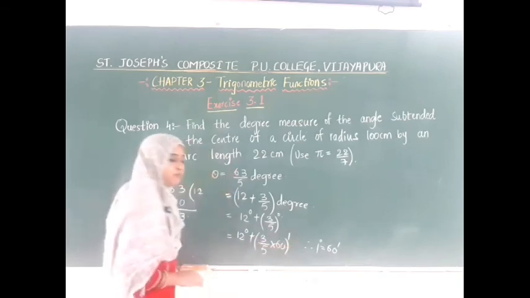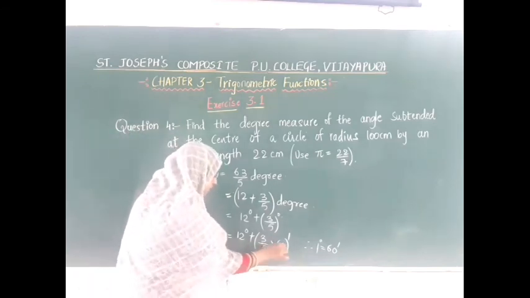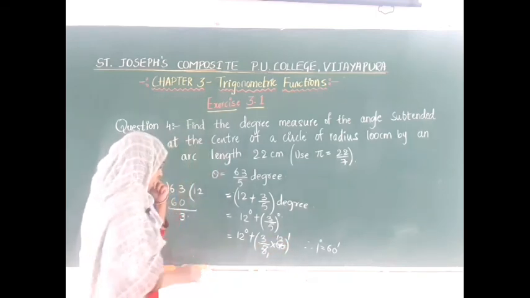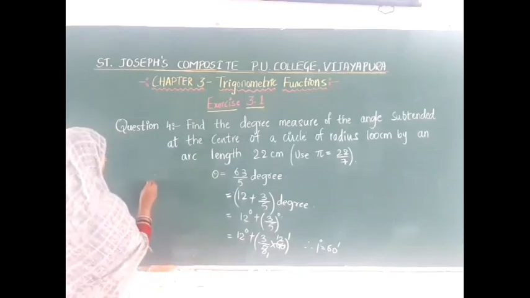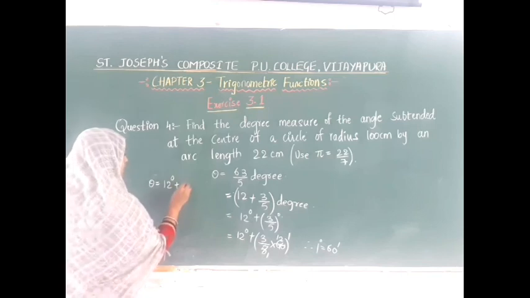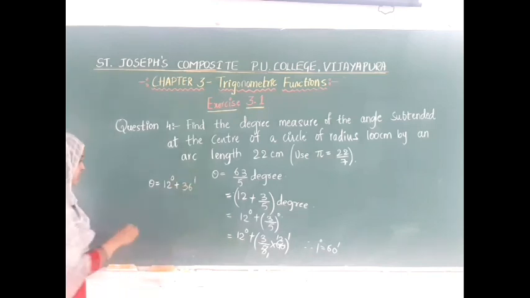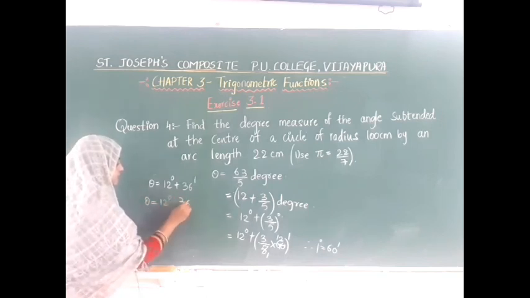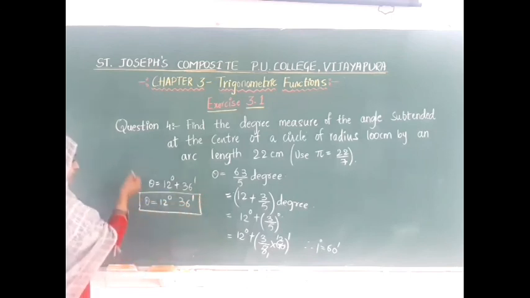Simplify this, you will get 5 ones are 5, 5 twos are 10. So the required theta is equal to 12 degree plus 36 minutes. That is, theta is equal to 12 degree 36 minutes, the required angle.